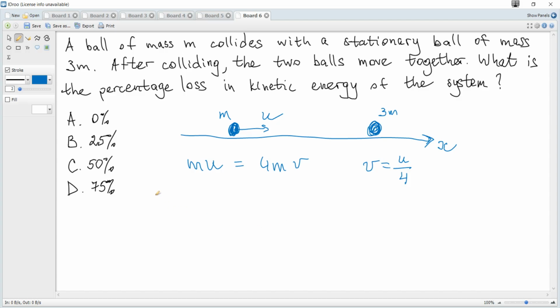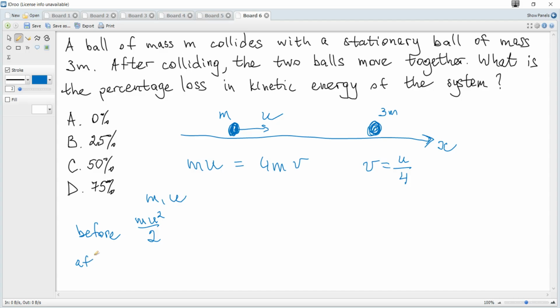So initially our system consists of one ball of mass m and speed u, so it has kinetic energy of mu squared over 2. It's before.